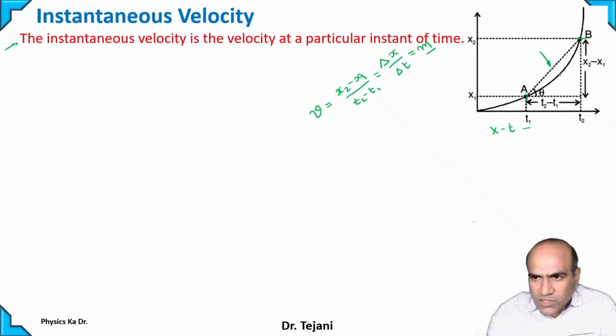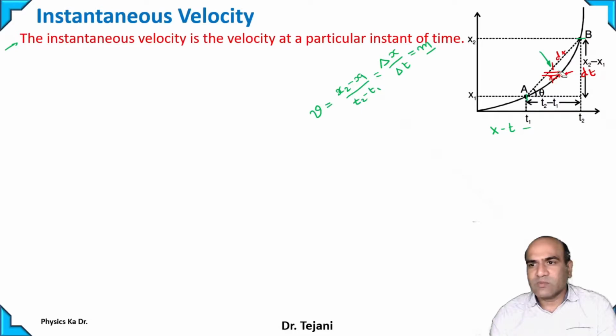But if I want the instantaneous velocity for a very small t, we can show it by dt. For that very small t, of course, the displacement will also be very small, dx.